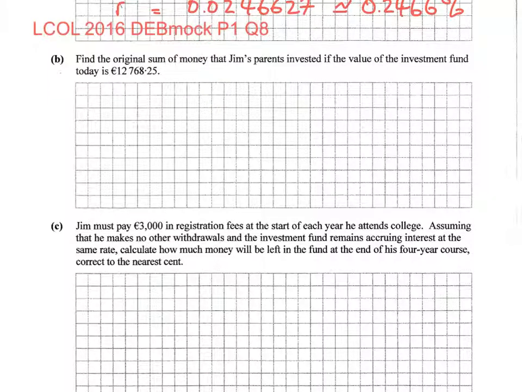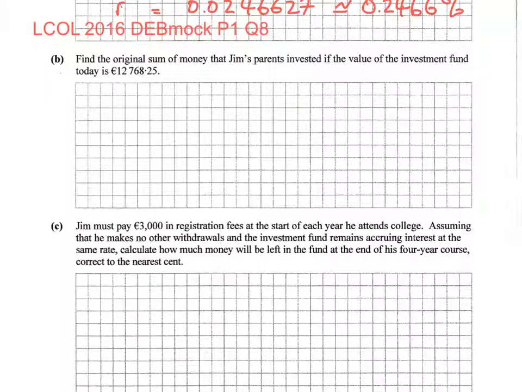It's telling us that the final amount after those 18 years is 12,768.25, and thereafter the original principal amount that was invested for 18 years at 3% that would give us that amount of money. So again, there's a formula for this.